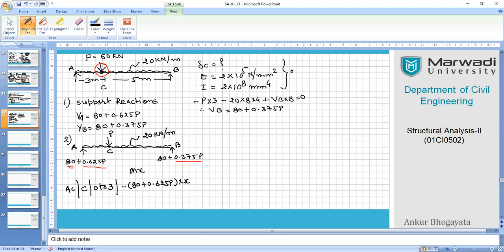Do not forget this UDL. So here we have this UDL, which is working like this. It will be creating anti-clockwise moment. So I will be taking it further like this, plus 20 x square by 2, right? This is my equation of moment, and now I'm ready to take up further del Mx upon del P.